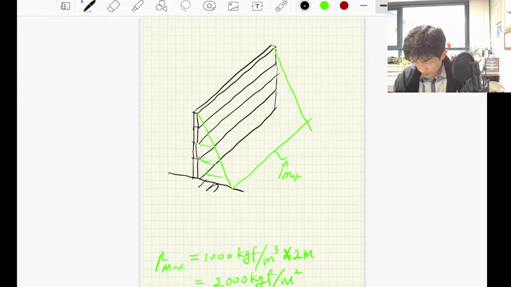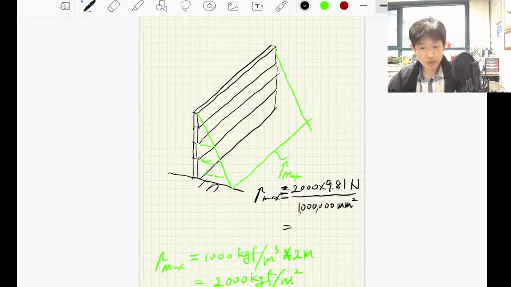The maximum pressure P max is equal to 2000 times 9.81 divided by 1 million square millimeters, and this is in Newtons.